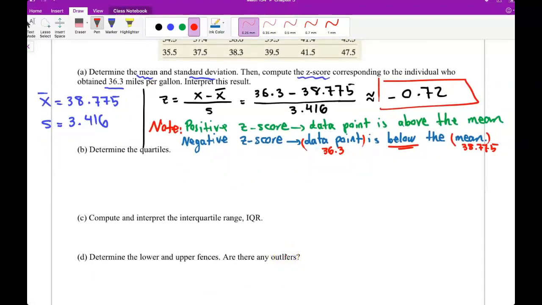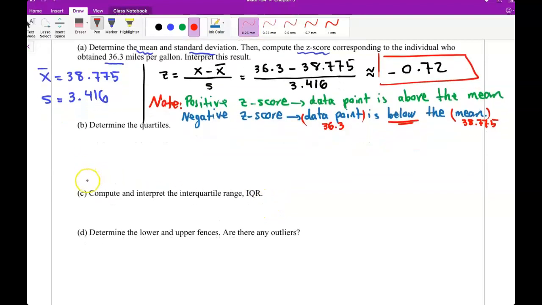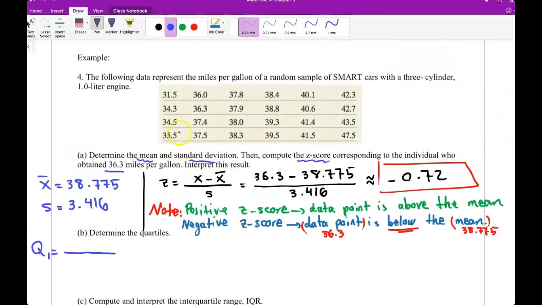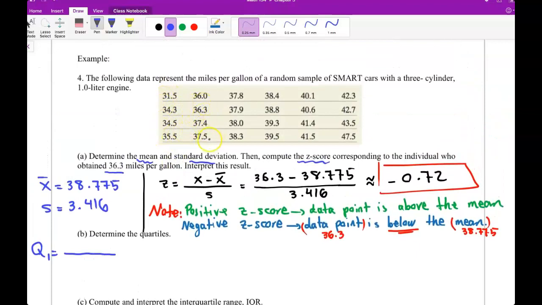Next part, for B. Now we should find quartiles Q1, Q2, Q3. We already know the answer from StatCrunch and our calculator. Here, Q1. Use these tables. Make sure that this data is in ascending order.